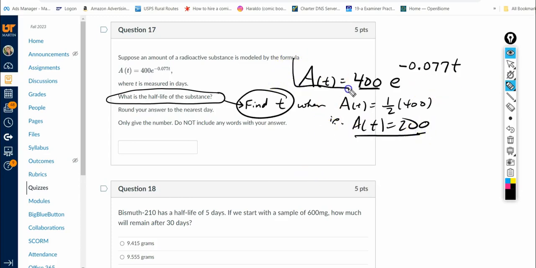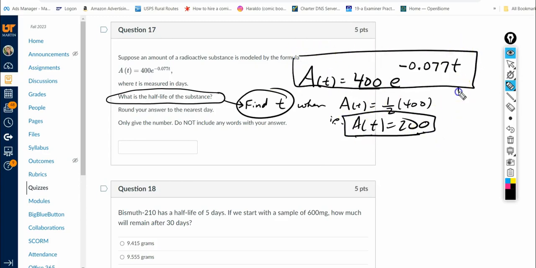But you have another formula for A of t here. So put these two formulas equal to each other and solve for t. Okay. Divide both sides by 400. And over here on the left-hand side, that will become a half.